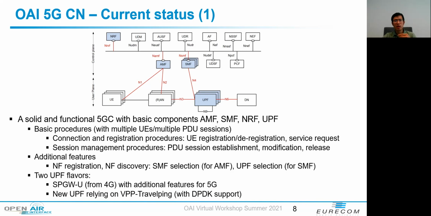And the second one relies on VPP with DPDK support to achieve better performance. For the moment, we can get up to 600 megabits per second throughput in both uplink and downlink in Docker container deployment, and can achieve up to 2.5 gigabits per second in a bare metal setup.